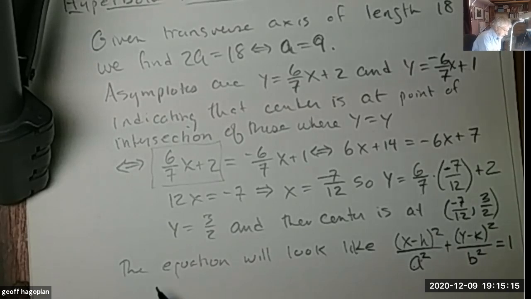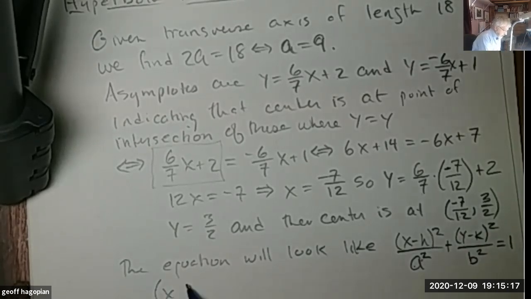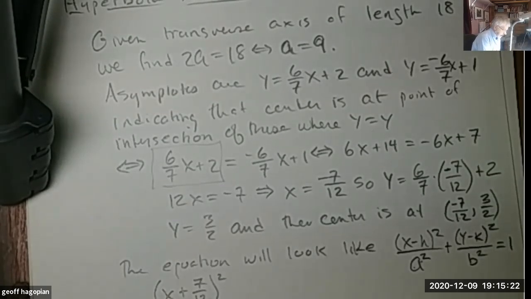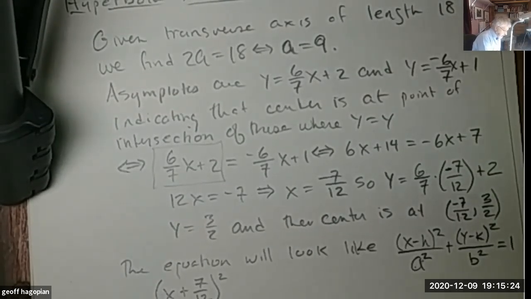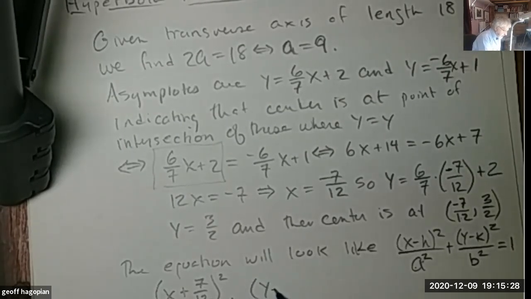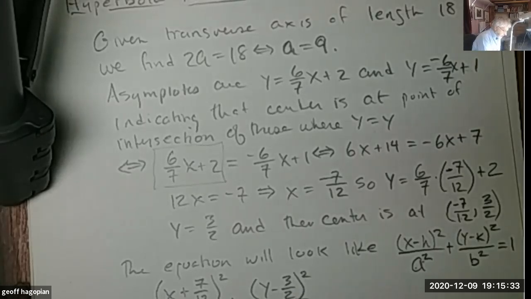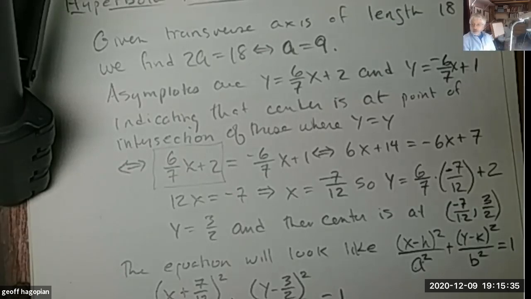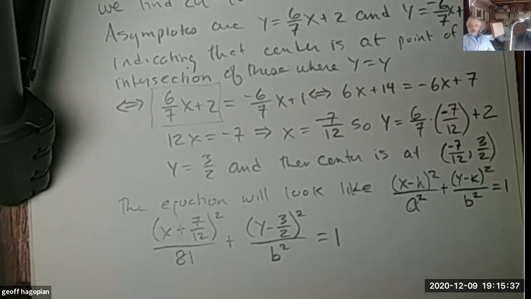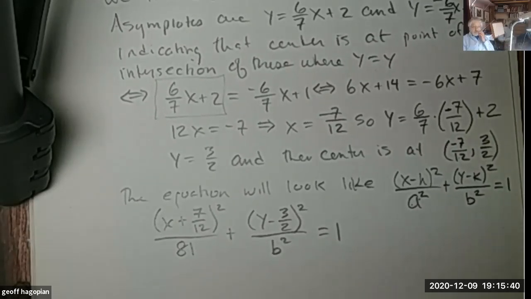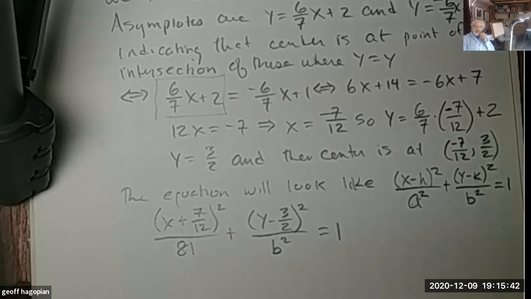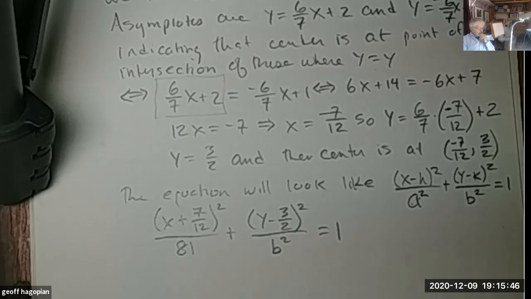So we could say, yeah, we know it's x minus negative 7/12, which is going to be x plus 7/12, and we know a is 9, so that'd be 81, and we know this k is 3/2, right? But we don't know b, and we don't know a point on the hyperbola. Sorry, I'm writing invisibly. And so that's the best we can do at this stage, right? We'd need a little bit of extra information.